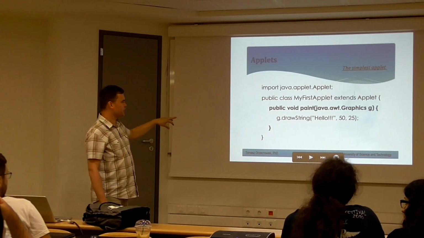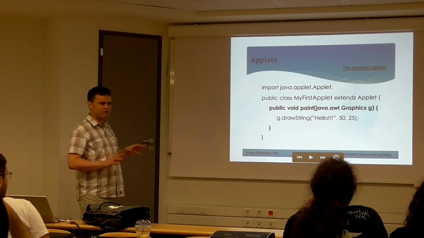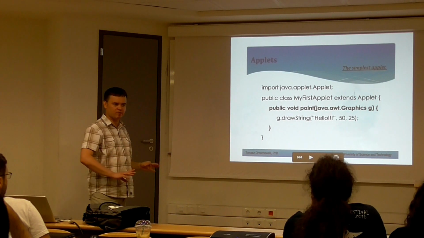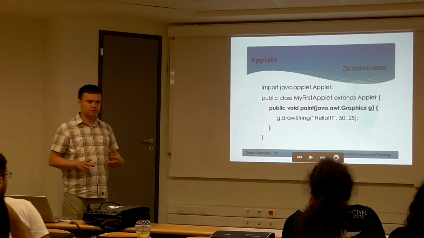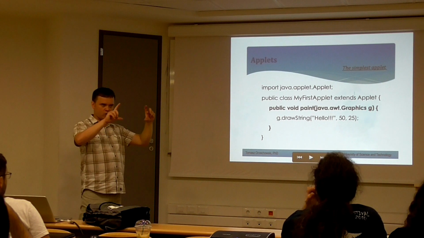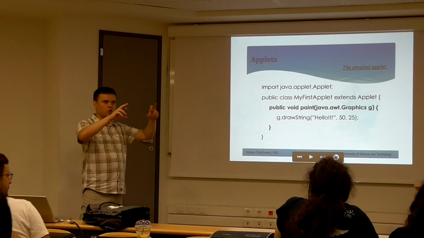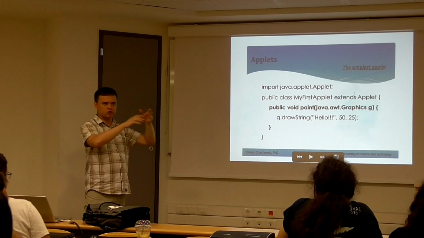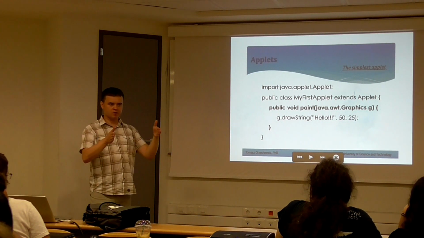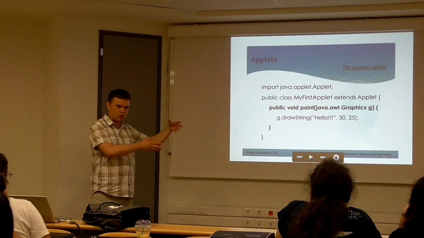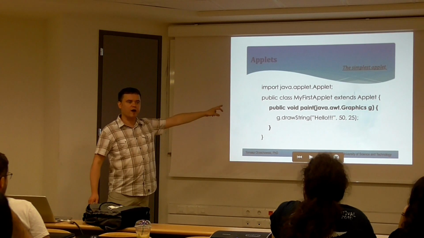So, what is the idea? Like the main method is the first method that will be called by the Java virtual machine to start the application, the paint method will be called when the applet is started, because an applet is just a kind of area in the web page, and when we want to write something, an image or text, the paint method must be called, and the system will send as a parameter a Graphics object.